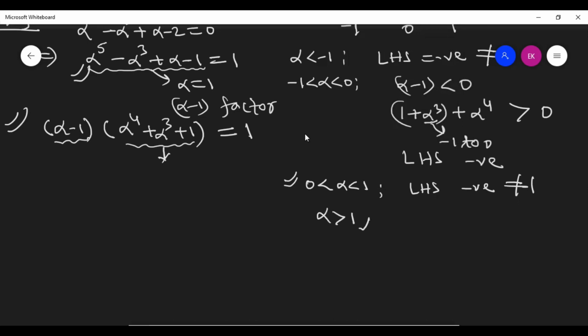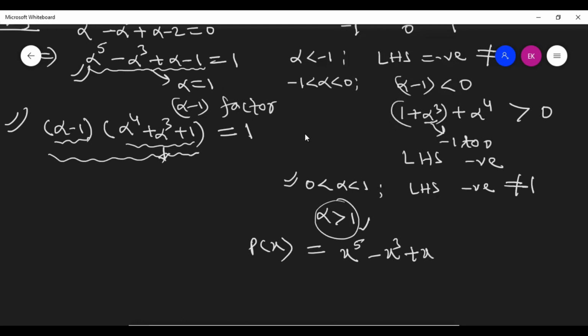See, if you take alpha greater than 1, then the whole expression on the LHS can be equal to 1. So let me explain it for you. Suppose P(x) equals x to the power 5 minus x cube plus x minus 2. So this was the question given to us.